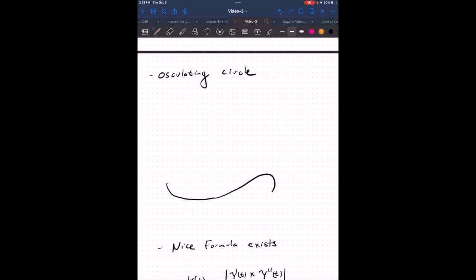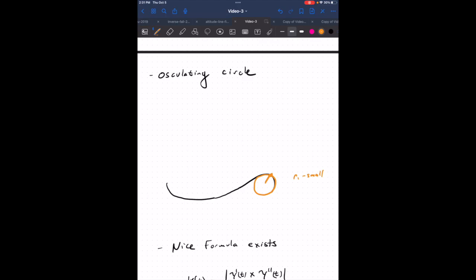So if we were to approximate these curves with a circle, so if I approximate this curve with a circle here, well, this will have big curvature, which will give us a small radius of our osculating circle. So we'll say R1 is small.